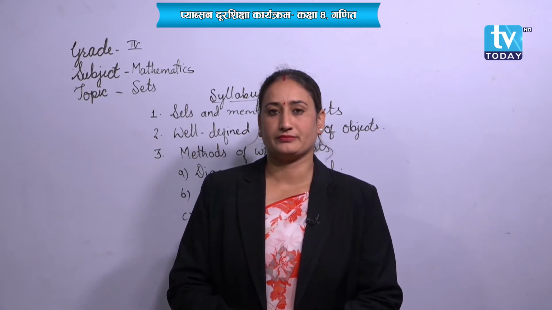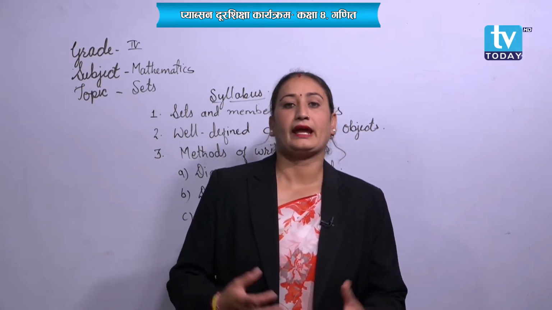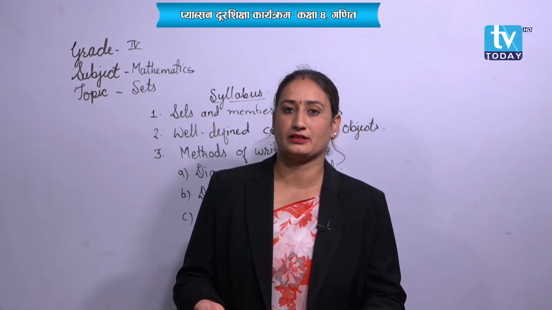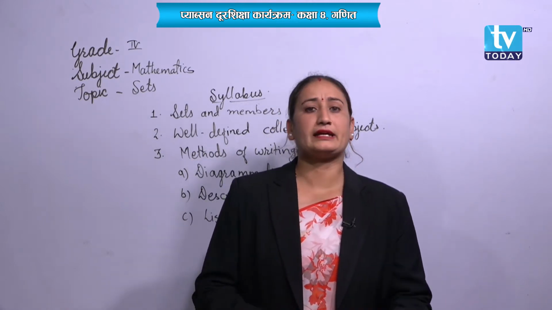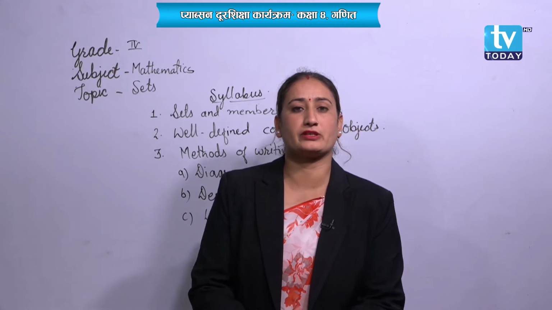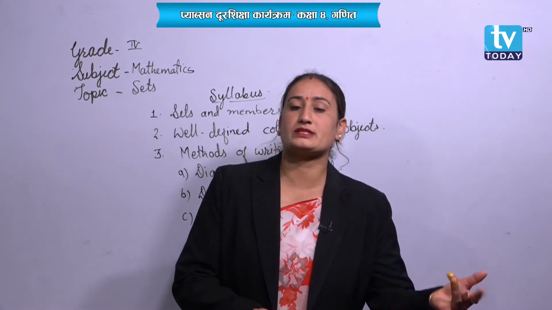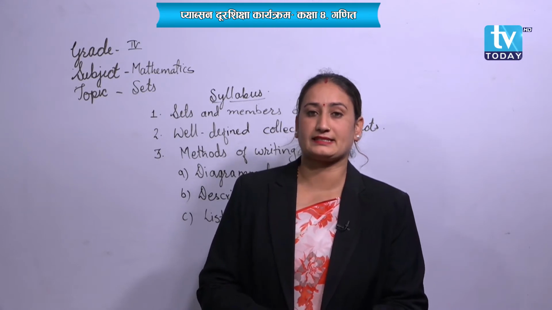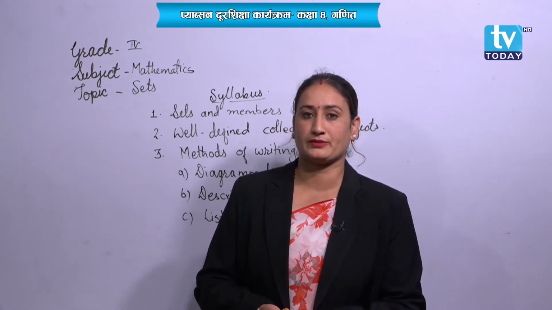That means it's a collection of stationery objects. In the same way, if you visit a clothes shop, you can see different types of clothes. It's a collection of clothes.